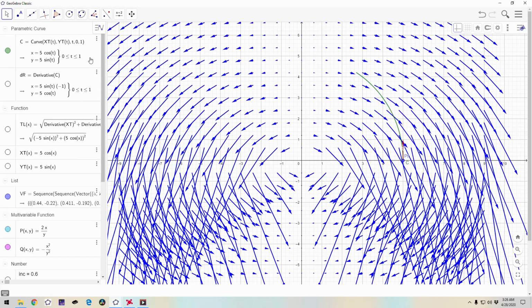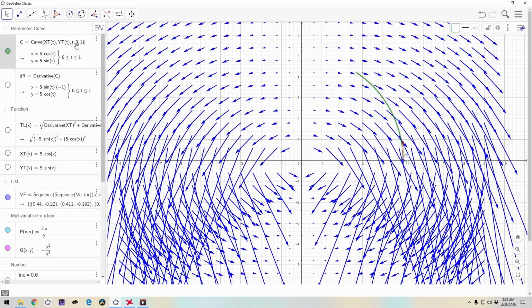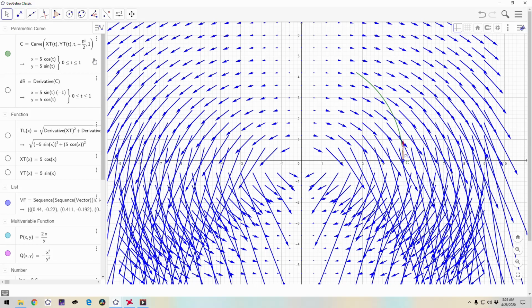And then we'll want to change the curve such that it goes from negative pi over 2 to arctangent 4.